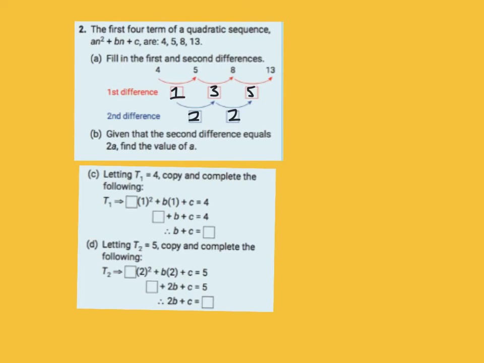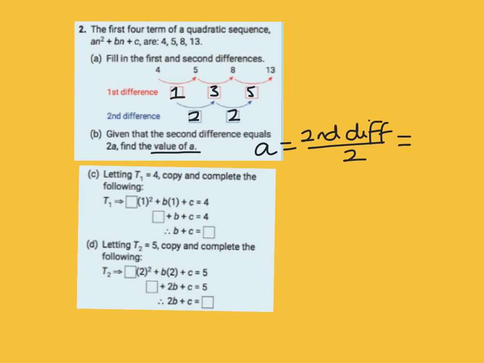Now the next part said, given that the second difference equals 2a, find the value of a. Did I give you a step on trying to find the value of a? Yeah, very good. So what you needed to do was say that a is equal to the second difference all over 2.